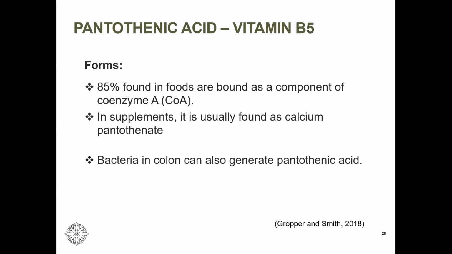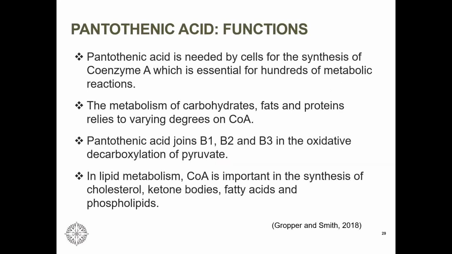An interesting fact is that healthy bacteria in the colon can also generate B5 and it is available for absorption to the body. And vitamin B5 has its other friends in the B family. They are easily destroyed with heating and sometimes too much freezing as well.